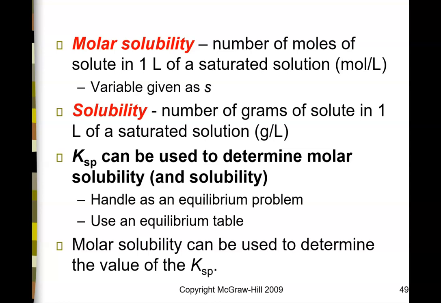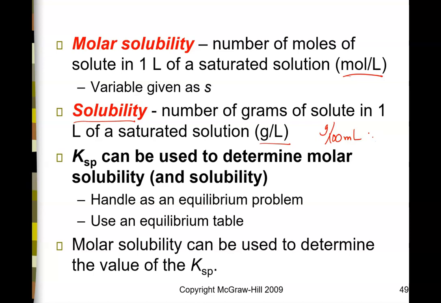Molar solubility is specific to moles per liter, whereas solubility can be given in any number of units, typically grams per liter. Sometimes grams per 100 mL is fairly common, right?